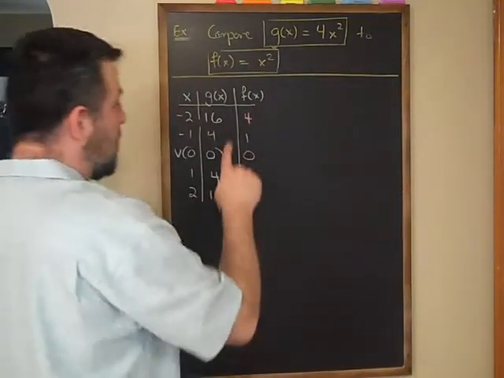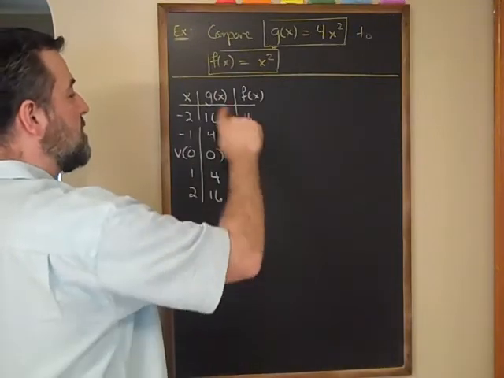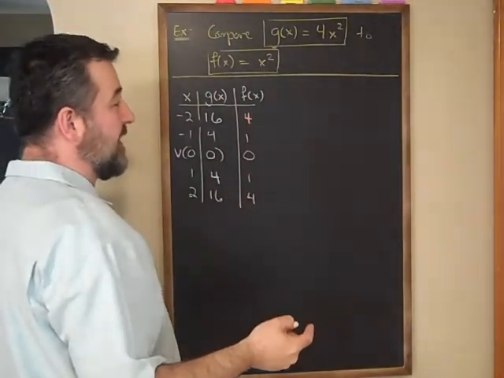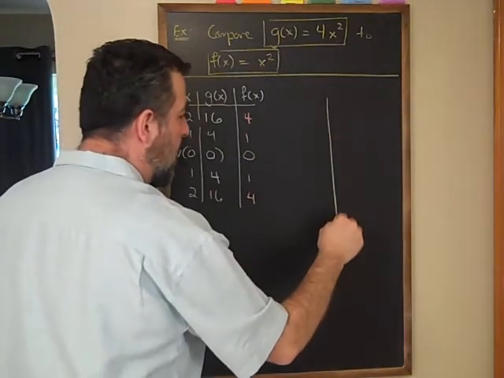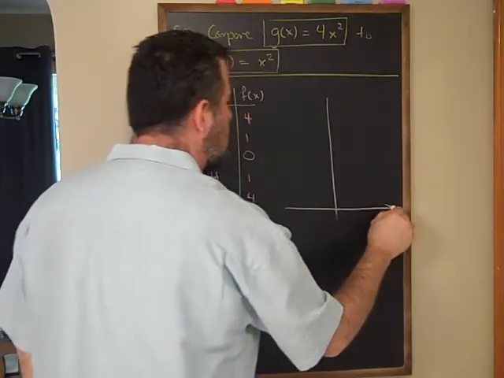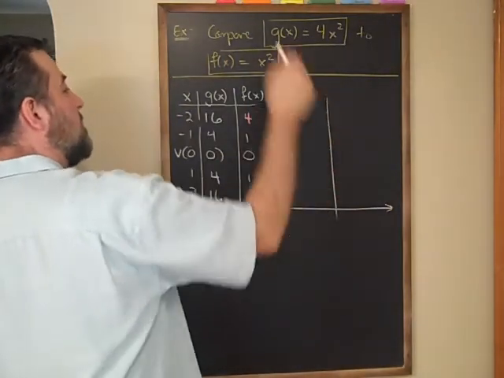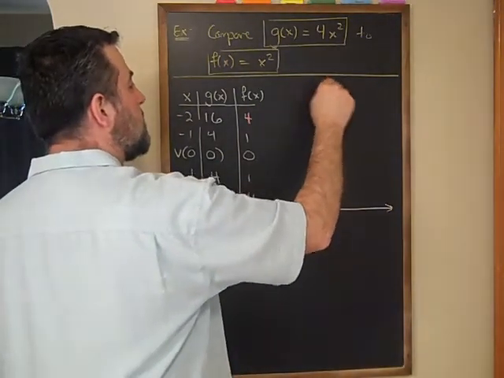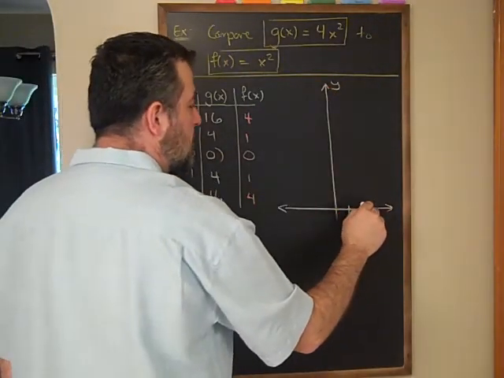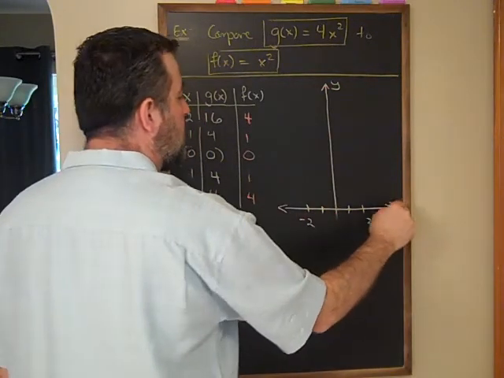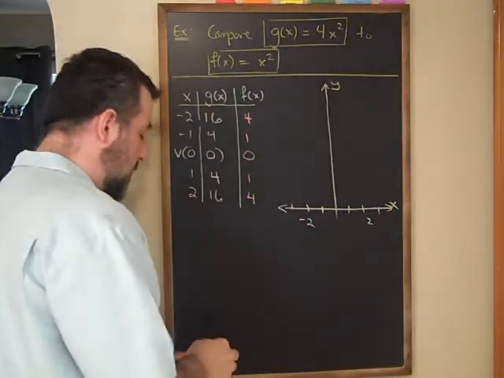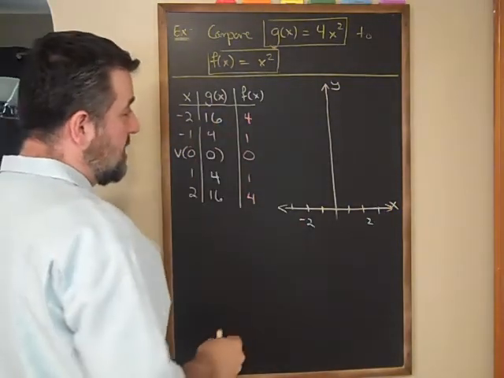So let me realize here, before I draw my axes, I'm never ending up with any negative y values. So I'm going to set up my graph so that I'm only using the positive part of the y-axis. My x values, I only go 2 to the left and 2 to the right on my x-axis. On my y-axis, I have to go 16 up.